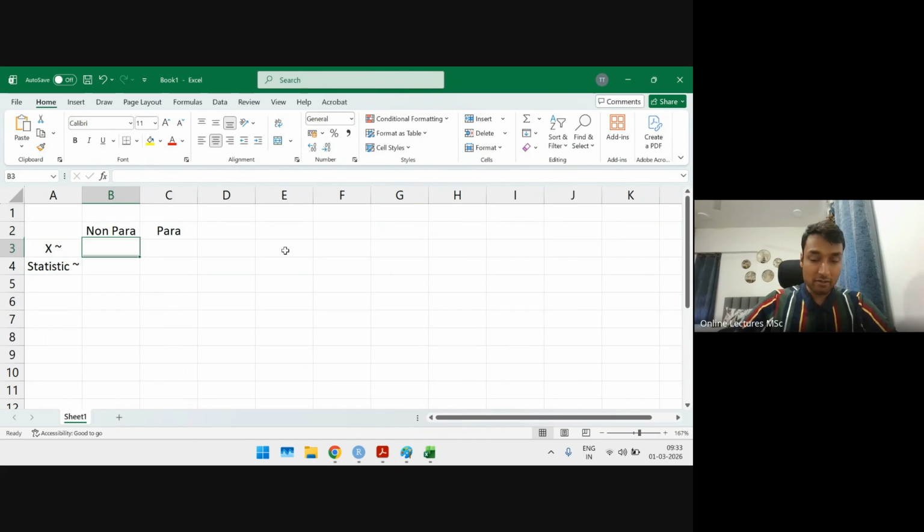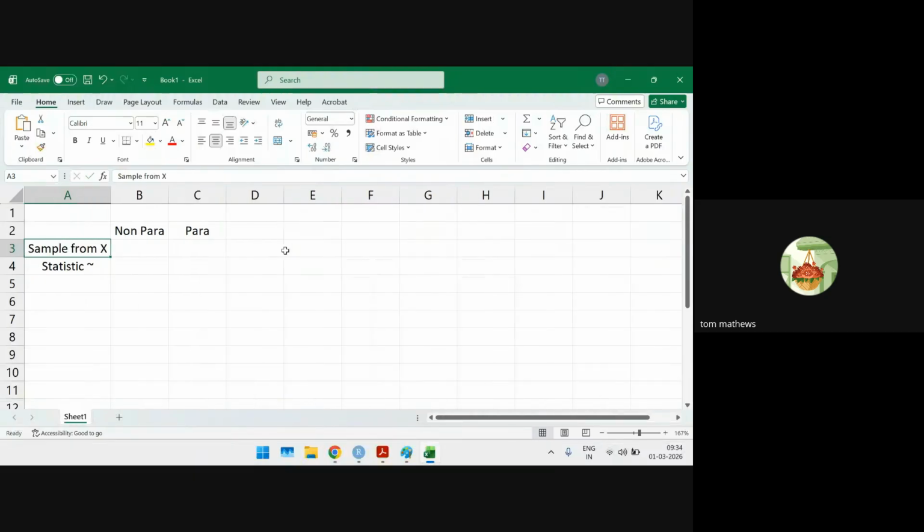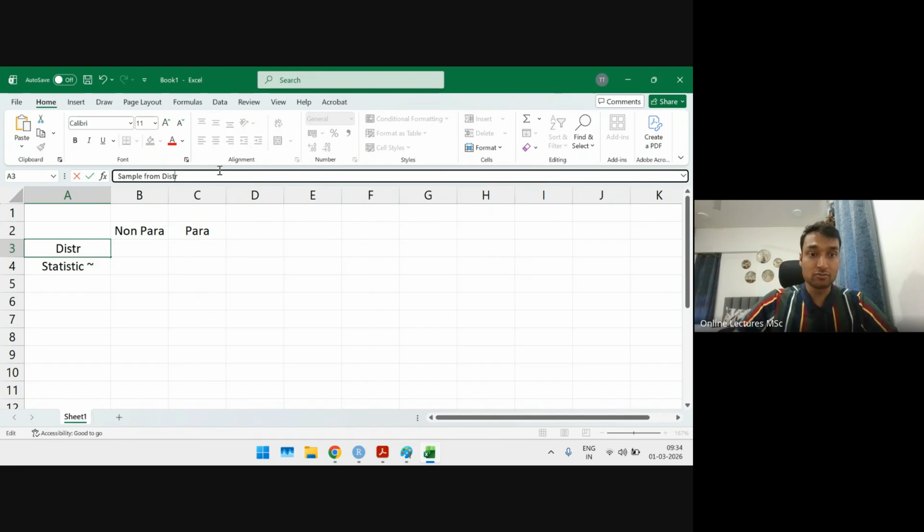So in non-parametric, do I assume anything with respect to X, what X follows? Or when I generate my sample, do I generate it from this exact sample or the distribution? In non-parametric, we are not assuming anything. Exactly. In non-parametric, you don't assume anything. So do you generate a sample from X or generate a sample from the exact distribution?